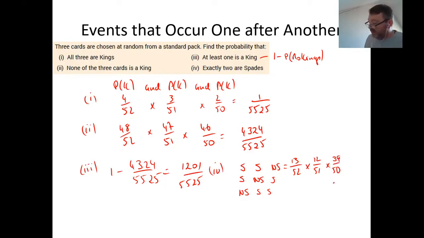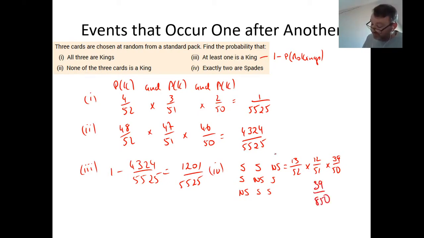Okay, so multiply those out. So we get 13 over 52 multiplied by 12 over 51 multiplied by 39 over 50. And that answer there comes out as 39 over 850.